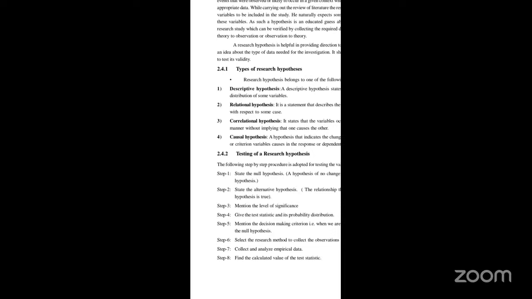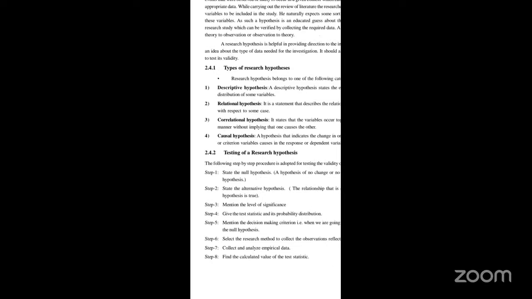Mention the decision making under the criterion of the set null hypothesis and alternative hypothesis, select the research method to collect the observation reflecting the relationship, collect and analyze empirical data, and find the calculated value of the test statistic. So these 8 steps are very, very important for doing research.